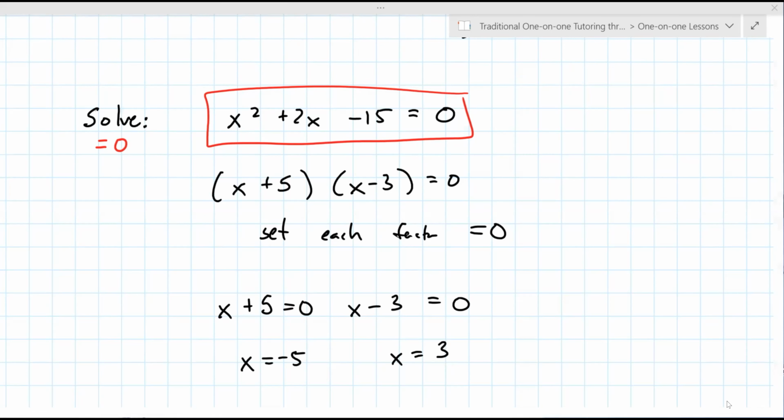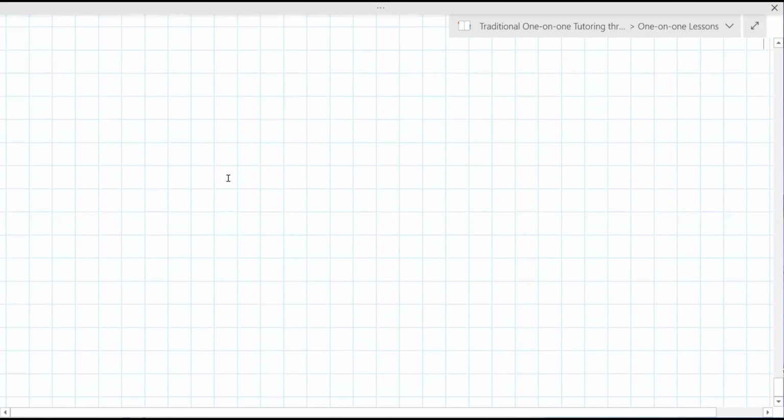Okay. So for the following problem, I just want you to factor. We don't have to solve. That's an extra step that's not needed for these problems. But I want you to try this one on your own, please. It is just like the last one, just different numbers. Take a minute, see if you can work this out on your own, and I'll be right back with you.